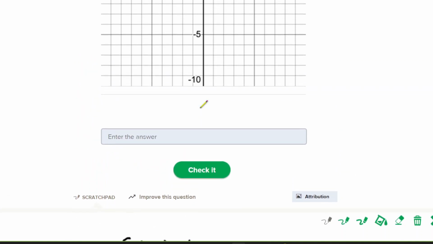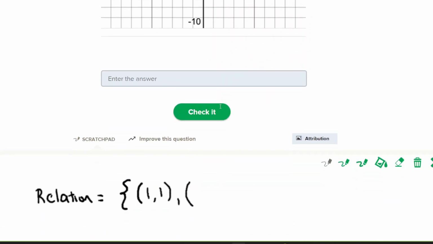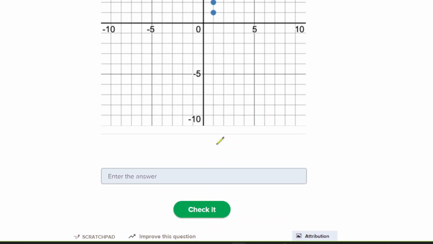Next ordered pair, the point above that, in line with 1 on the x-axis, 2 on the y-axis. All right, so this would have coordinates 1, comma, 2. And then close the parentheses. There's the end of that ordered pair. That represents that second point from the bottom.